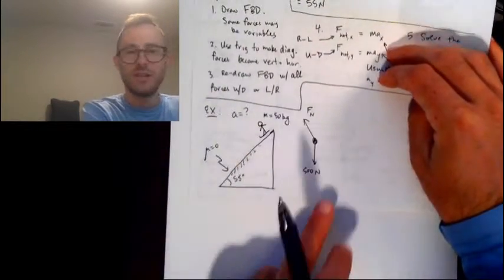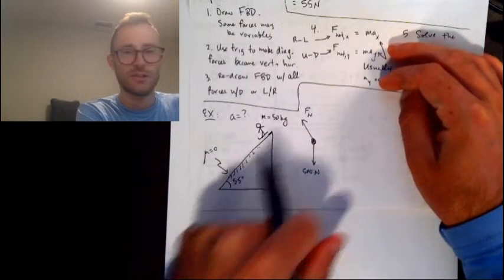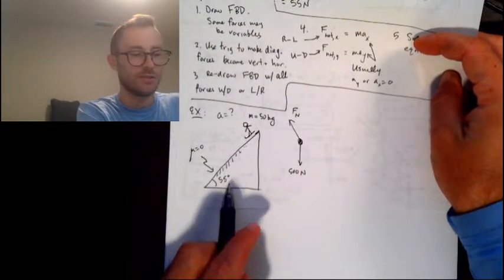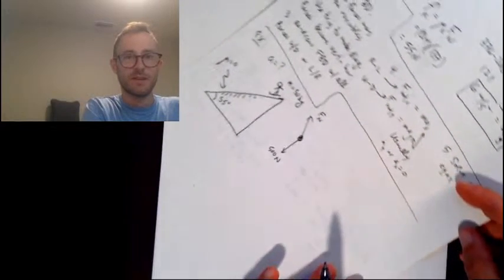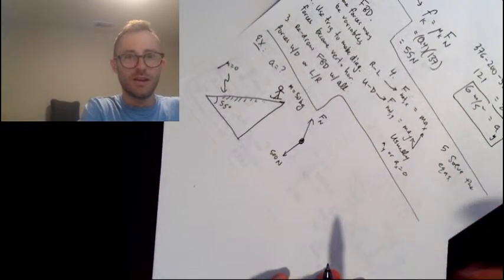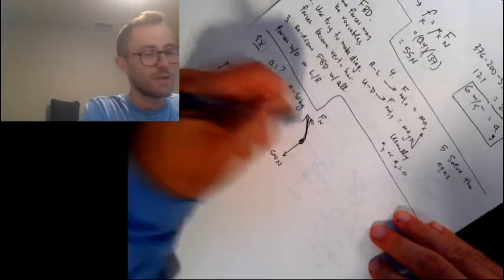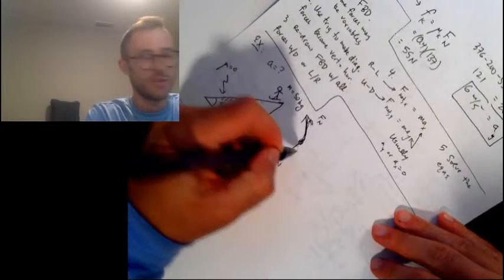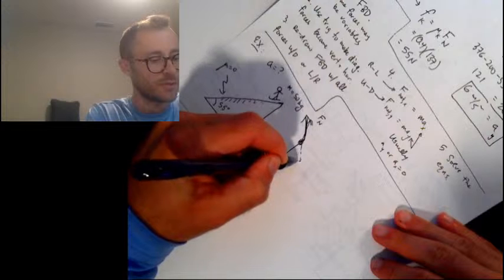How many degrees did I have to rotate my paper in order to make the ski slope flat? I had to rotate it 55 degrees. So I rotate my paper 55 degrees, and that made the slope flat. That means this arrow got rotated by 55 degrees.